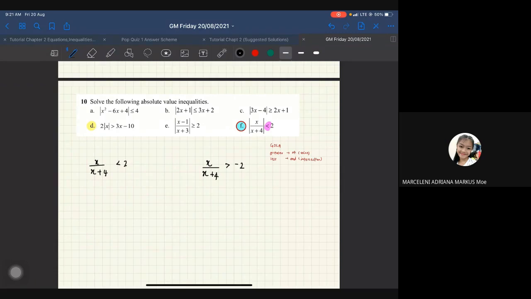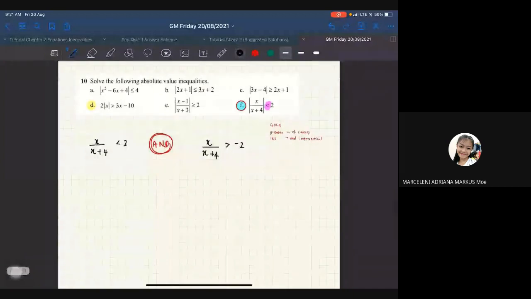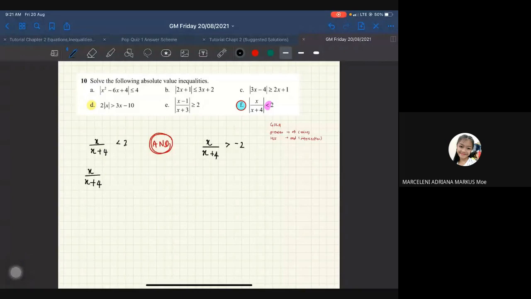Okay, ni wajib tulis. Alright, so untuk inequality rational, ingat balik apa yang awak dah belajar tadi. So kita akan pindahkan everything on the right hand side to the left hand side. Okay, so kita nak jadikan yang belah kanan tu kosong. So pindahkan sahaja everything. So you have x over x plus 4 minus 2 less than 0. Okay, so awak akan ada x minus 2 times x plus 4.